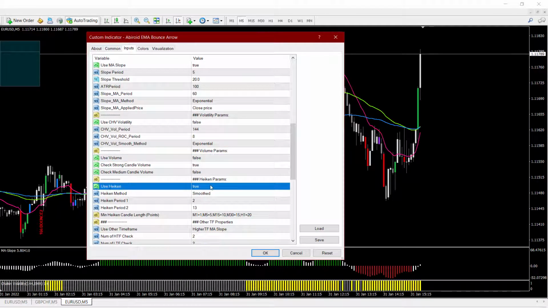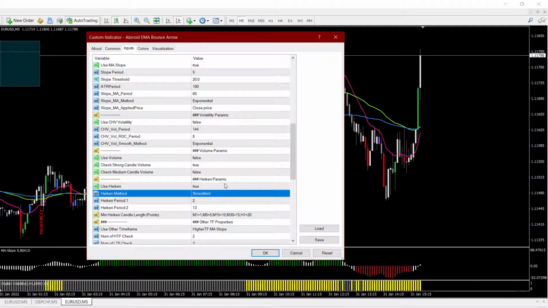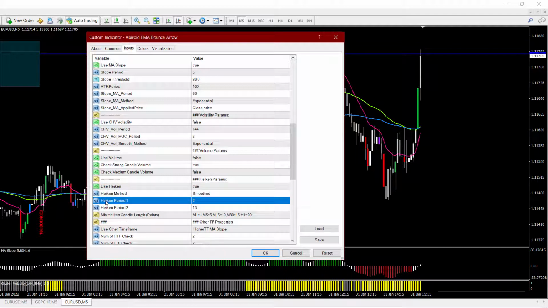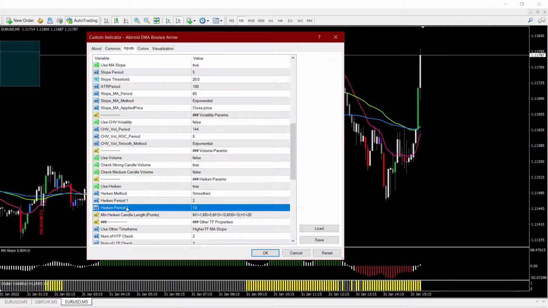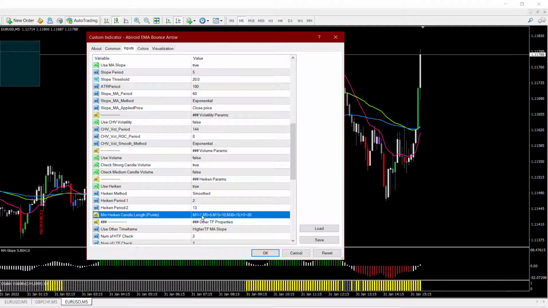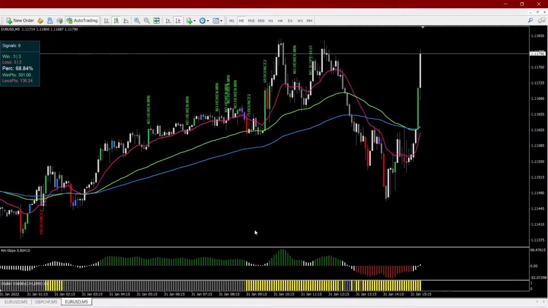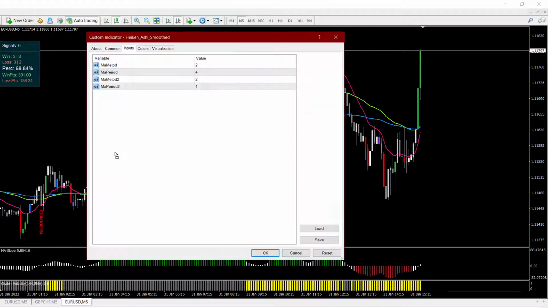And next up we have Heiken, and we are using smooth Heiken Ashi. All of these downloads are also available on the blog as well as on my website, so you can just get these through that. For Heiken, we are using period 2 and period 13, and min Heiken candle length. This will be the minimum length of the Heiken Ashi candles. So let me just open up Heiken and set the periods that we use.